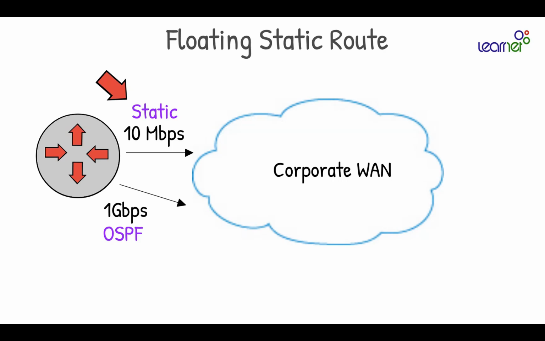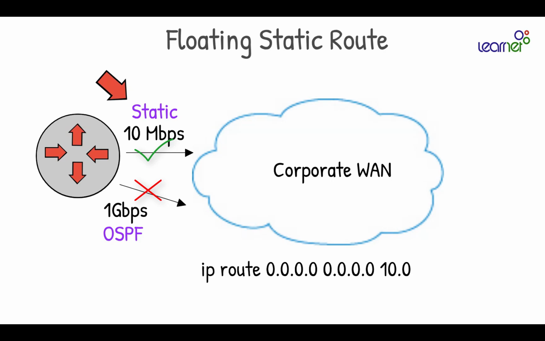However, if the OSPF route fails, the router will fall back to the floating static route, ensuring there is still connectivity to the corporate WAN. This technique provides both flexibility and reliability, enabling you to optimize routing decisions while maintaining a backup path for high availability or redundancy.